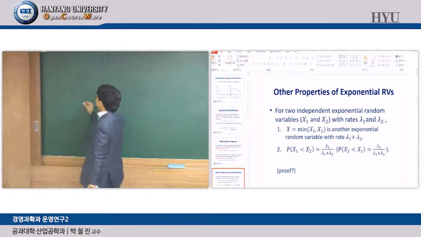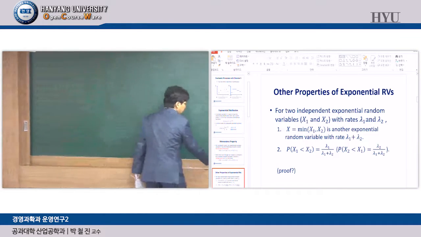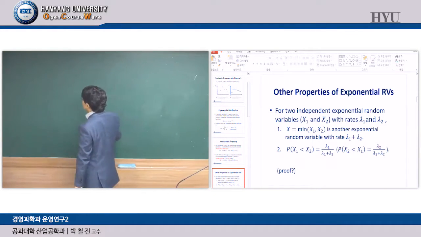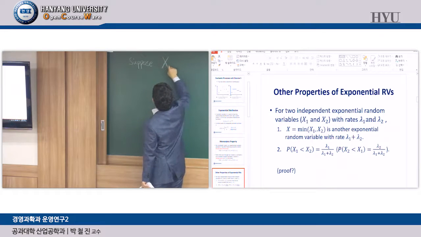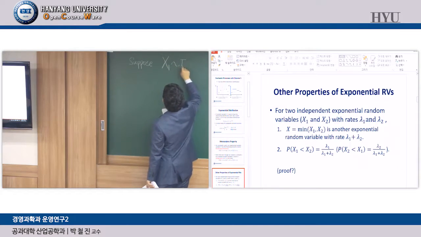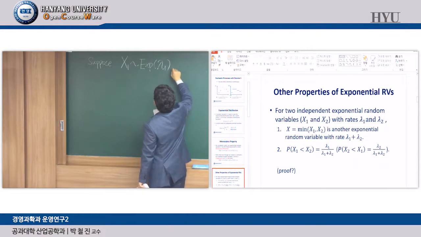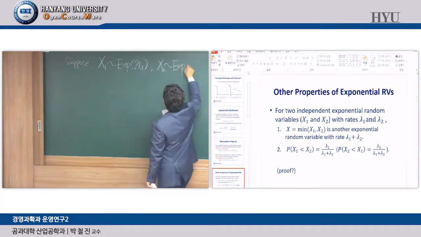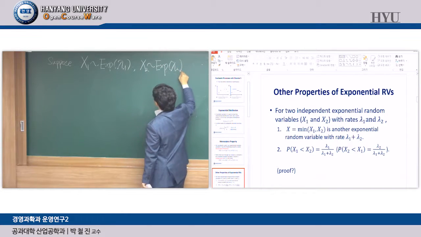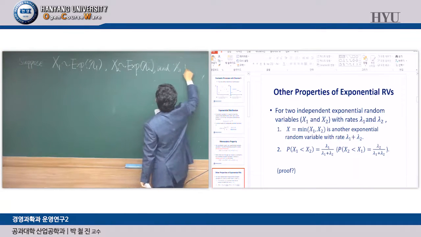Okay, here, suppose that X1 follows an exponential distribution with rate lambda 1, and X2 follows an exponential distribution with rate lambda 2, and X1 and X2 are independent.